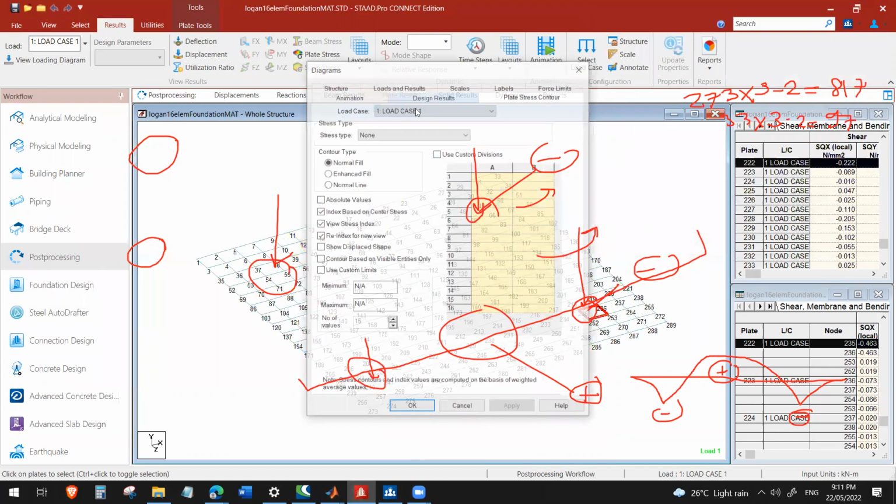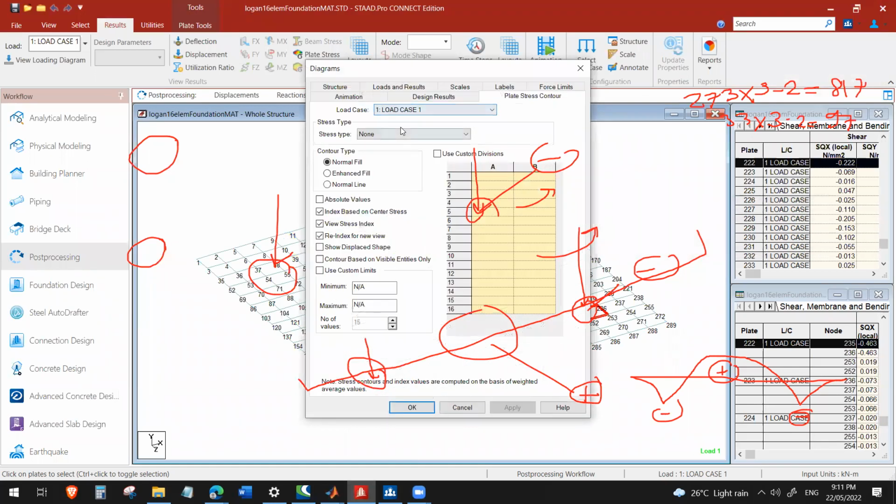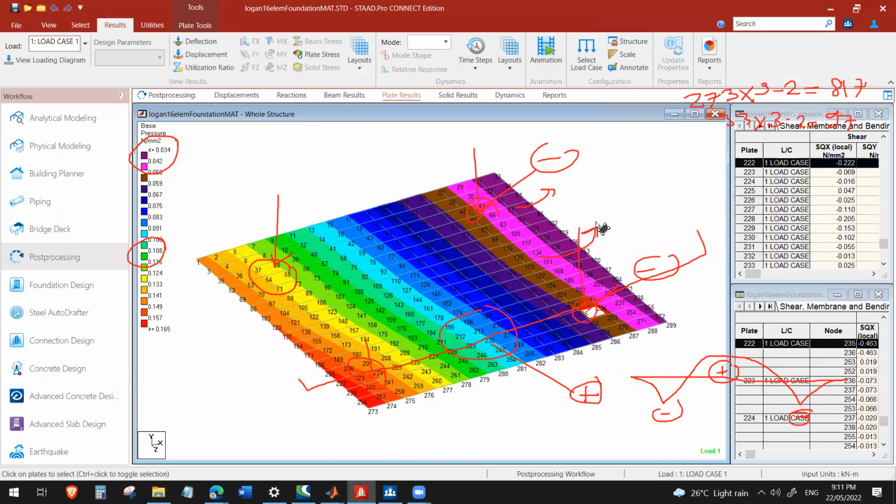Plate results again. Base pressure. So consistent with the displacements, the maximum displacement is here. What do we get here?